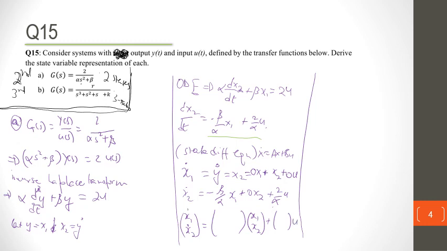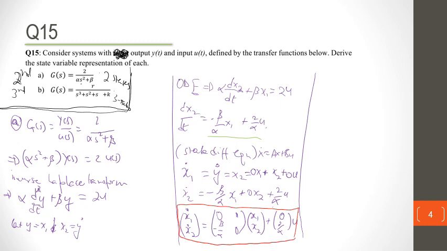The first, x1 dot, is equal to 0 times x1, 1 times x2, and 0 times u. x2 dot is equal to negative beta over alpha times x1, 0 times x2, and 2 over alpha times u. So here we have just got our state differential equation.